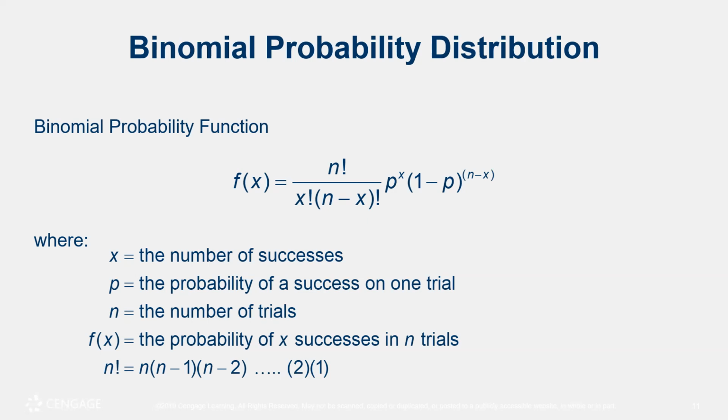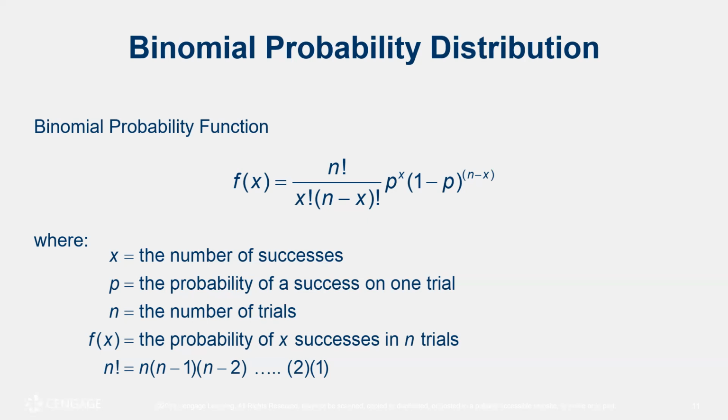Now, it looks like a big scary formula, but I bet if we had to, we could create an Excel calculator. We would just put in our variables. We'd have an n, an x, a p, and that's it, actually, right? And then we could put parentheses and say n factorial divided by parentheses x.